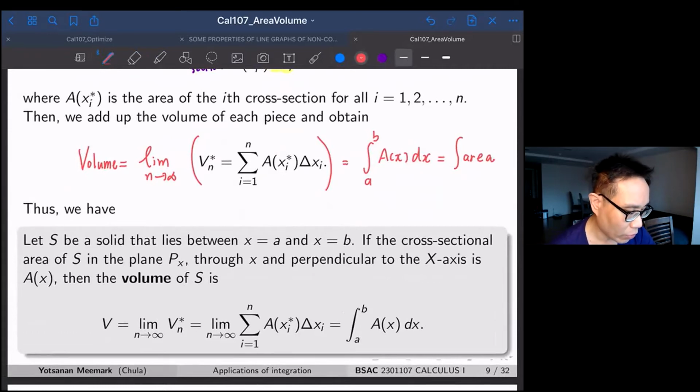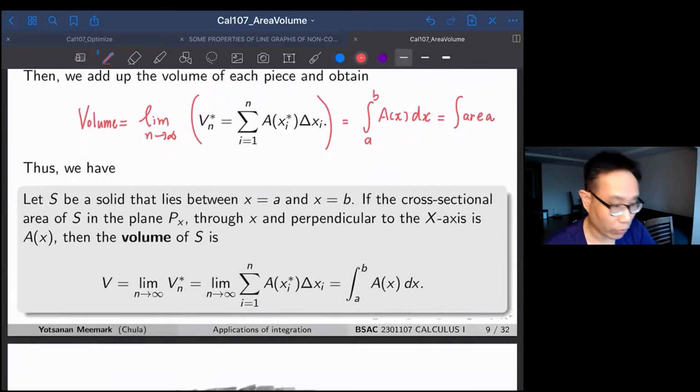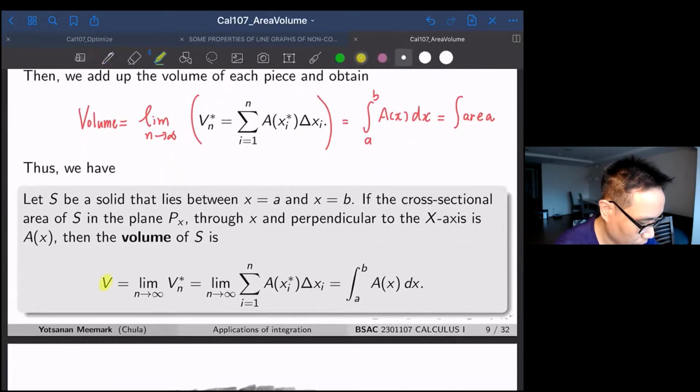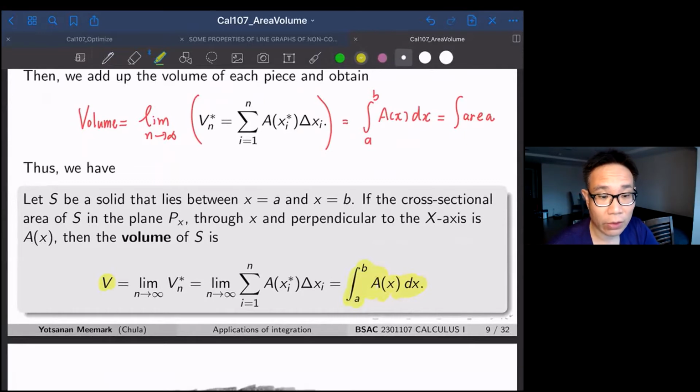So the volume of the solid is V equals the integral from a to b of A(x) dx, where A(x) is the cross-section area over the interval [a, b]. You have a plane P and you cut your solid, and you get the cross section.